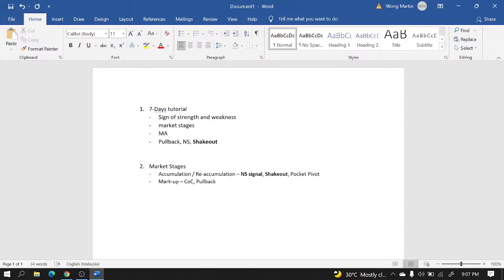So this is just to share with you what I'm preparing. Moving forward, like I said, the markets for the last few weeks have been weak, but mostly in accumulation and reaccumulation, right?